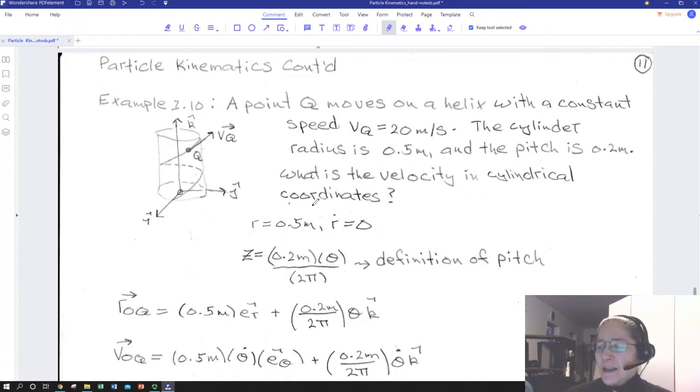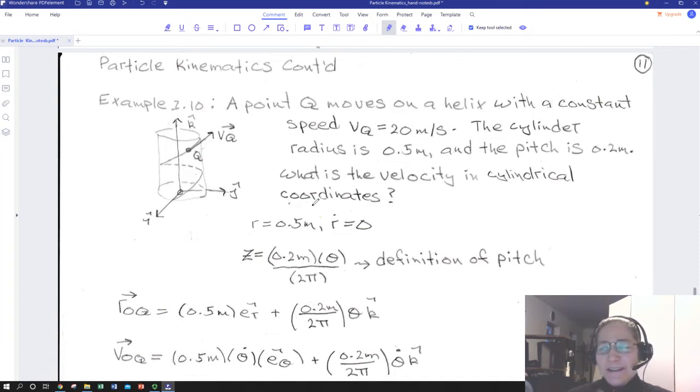So now we're going to pick up that k hat direction with some true cylindrical coordinates. So we've got a point Q, and it's moving in a spiral stretched out into a helix. It's moving at a constant speed of 20 meters per second.